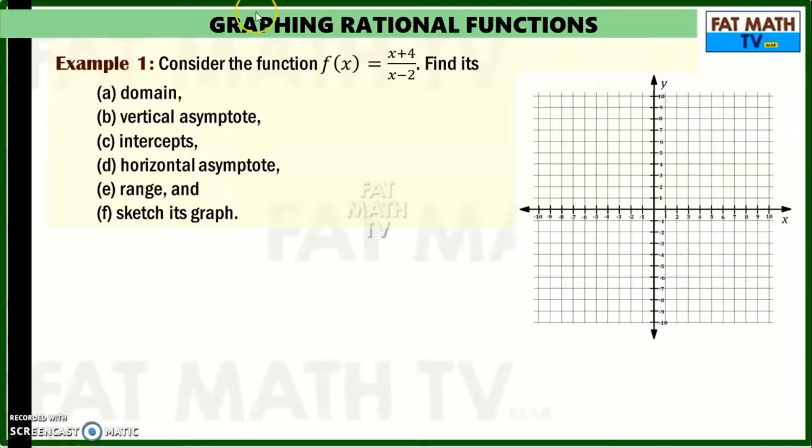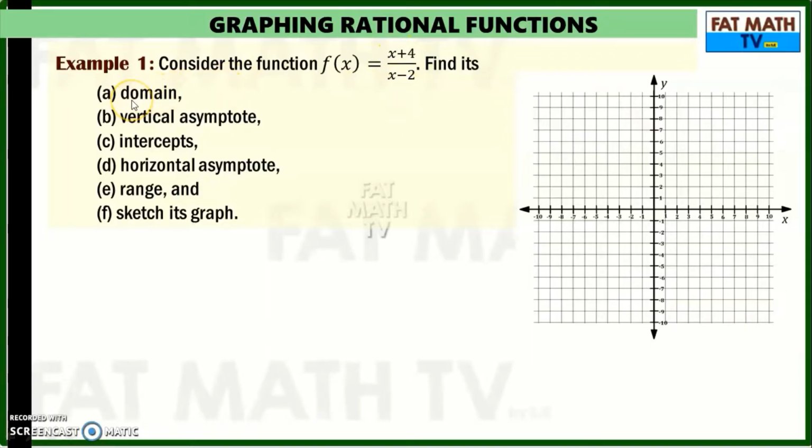So here, as you can see, we have a polynomial on the numerator and another polynomial on the denominator. So we have here a linear function and another linear function. So it's the ratio of two linear functions. So it's called a rational function.